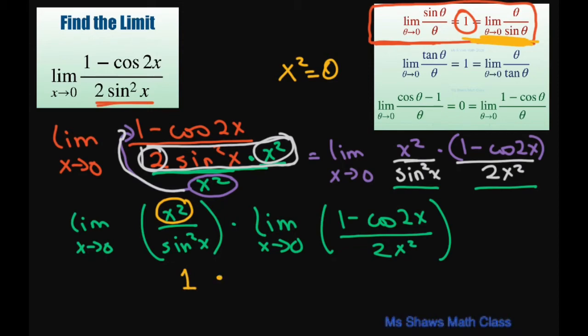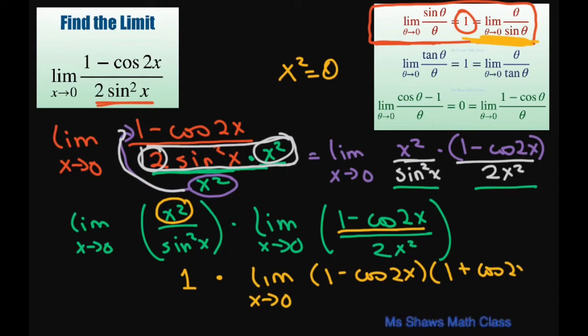And now this part I can rewrite as the limit as x approaches 0. And what I'm going to do is multiply the numerator by the conjugate. So that's going to be 1 minus cosine of 2x times 1 plus cosine of 2x.